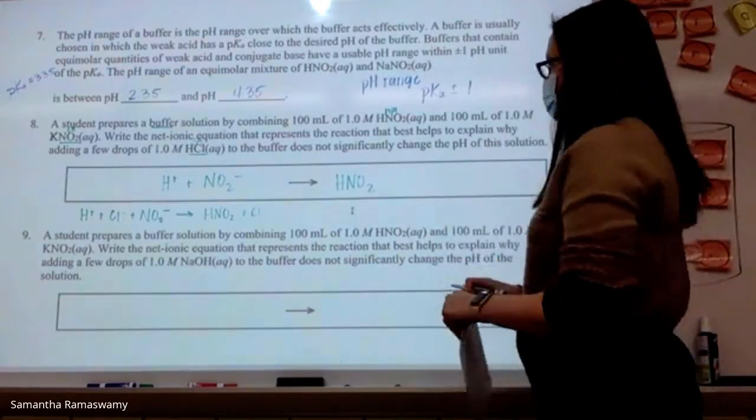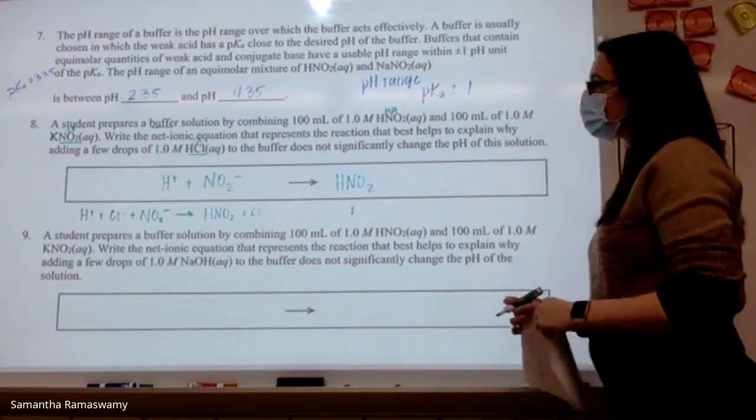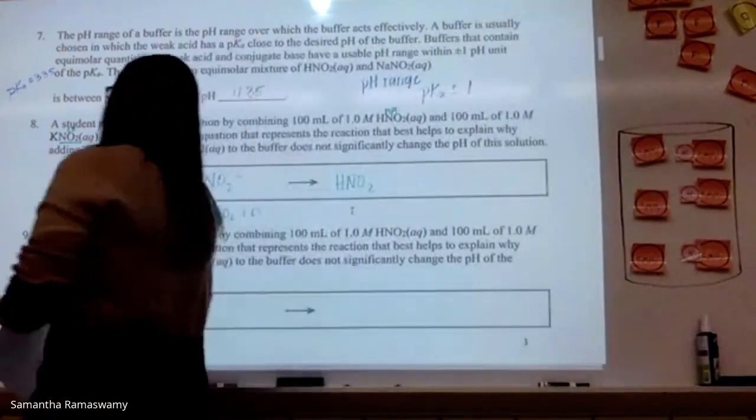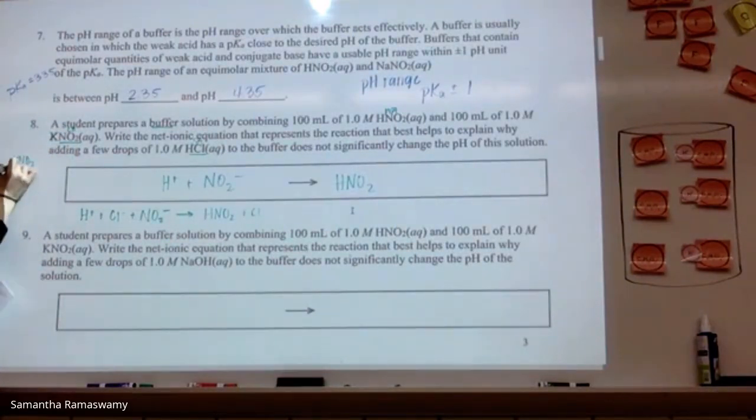I was just wondering, why does the K break off since it's a weak base? So K plus, so this is a salt, right? KNO2 is a salt because anything with potassium, nitrate, ammonium, or sodium is soluble. And so since this is a soluble salt, it breaks up into K plus and NO2 minus. You technically have K plus floating around in here as well.